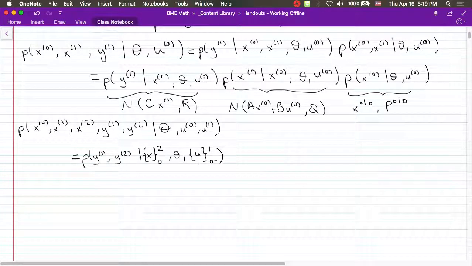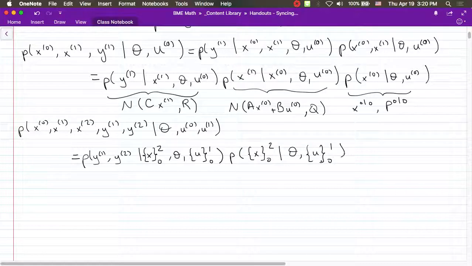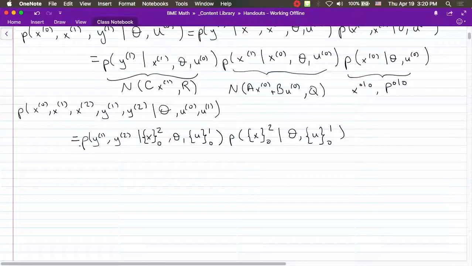So this is the conditional probability times the prior probability of the x's, probability of x 0 to 2 given theta and u 0 to 1. Does that make sense? Okay, this is exactly what we had done above, just a little bit more variables.